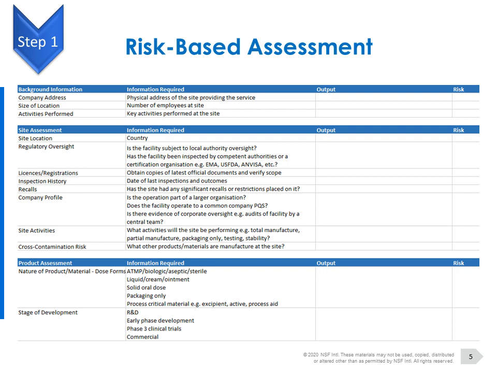So is it simply providing an excipient, an active, partial manufacture, or total manufacture, and the QC elements that are associated with that? And alongside that, what are the cross-contamination risks that we're concerned about? So what other products, what other materials are manufactured at the site, and how concerned are we about those?